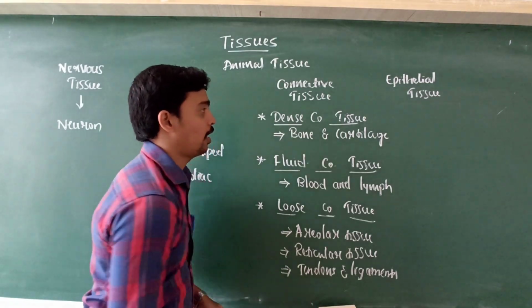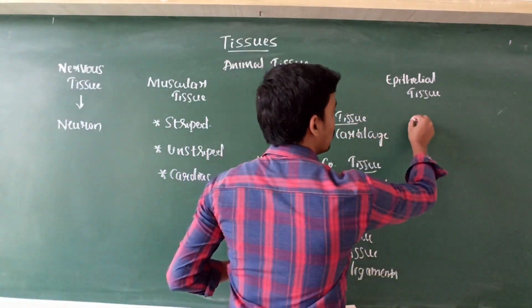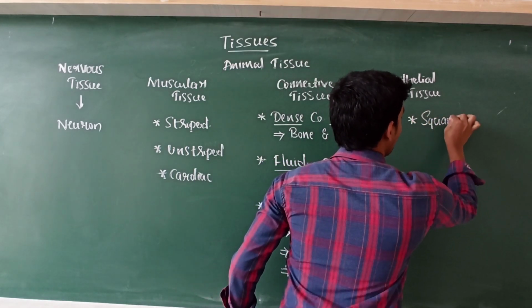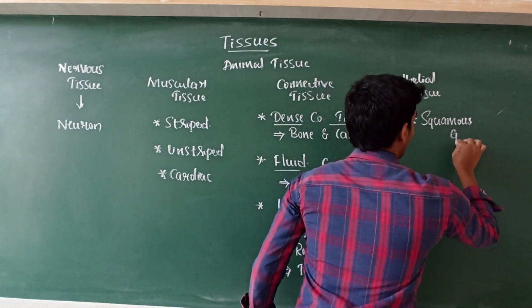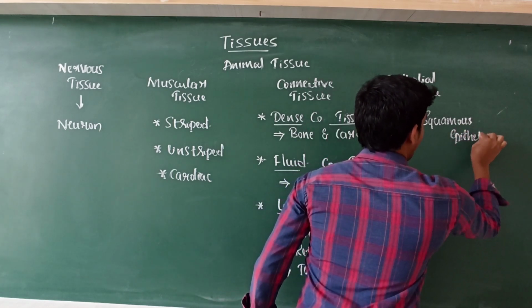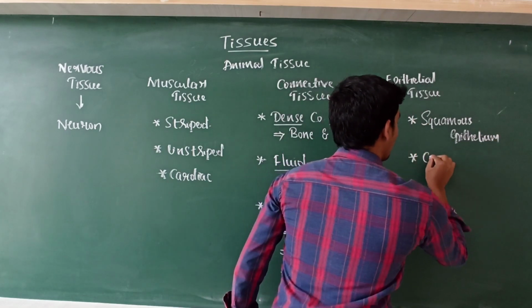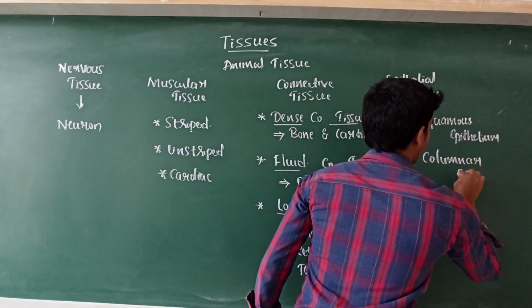And next one is epithelial tissue. Again, in epithelial tissue there are four types. The first one is squamous epithelium. Next, columnar epithelium.